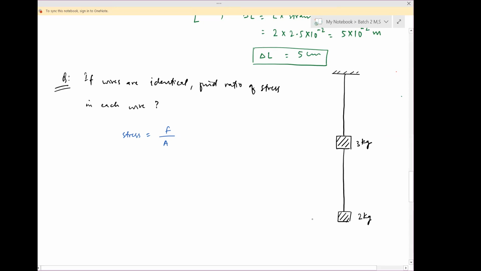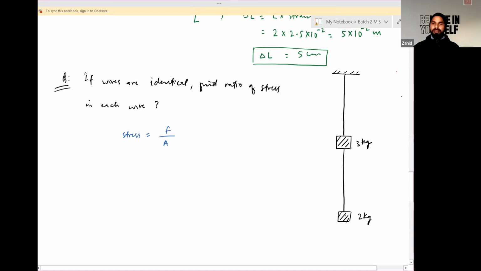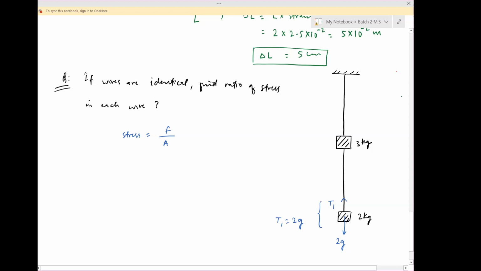Gravitation. Good. Acting on the block. For the lower part, since the mass of the block is 2 kg, there will be a force 2 times gravity in downward direction, which develops a tension in this string as T1. Total upward force should equal total downward force, so T1 equals 2 times gravity. Is it clear? Yes, sir.